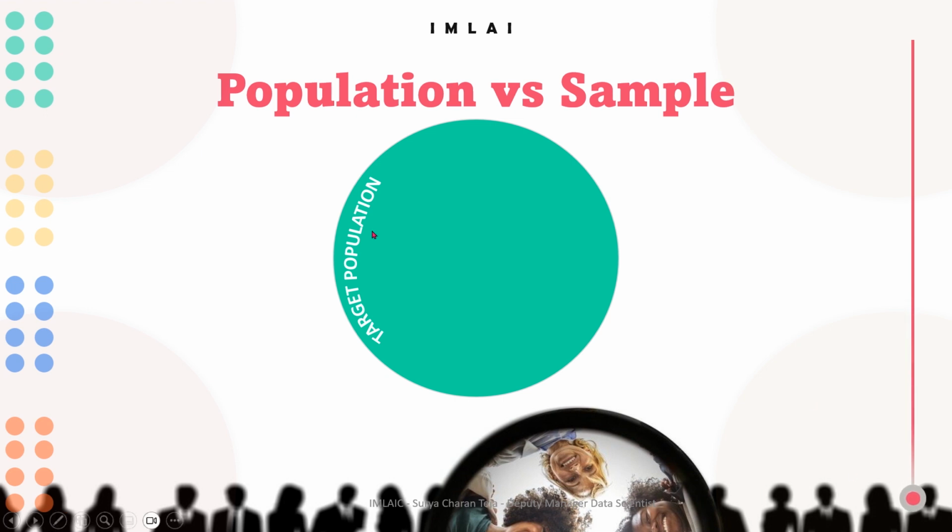You have a lot of people, but for a researcher, he is interested in only these four people. So target population is the group of individuals or items that a researcher is interested in studying. It's a group to which the findings of a study will be generalized.